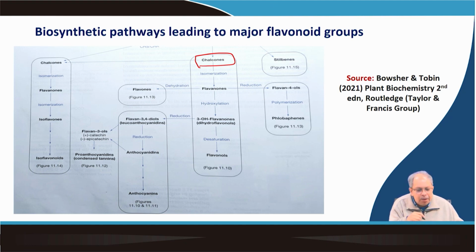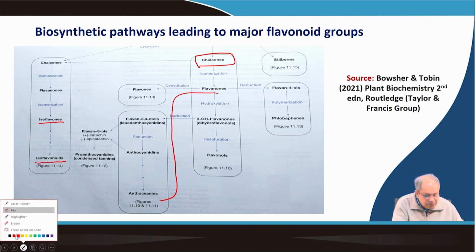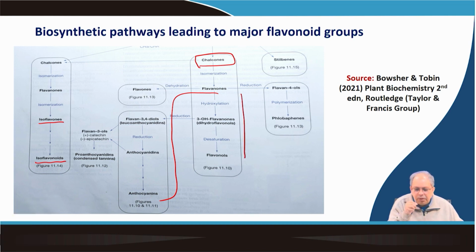Depending on the plant species, these chalcones can lead to the formation of isoflavones and isoflavonoids, or they can lead to the formation of anthocyanins, or they can take part in the formation of flavonols.